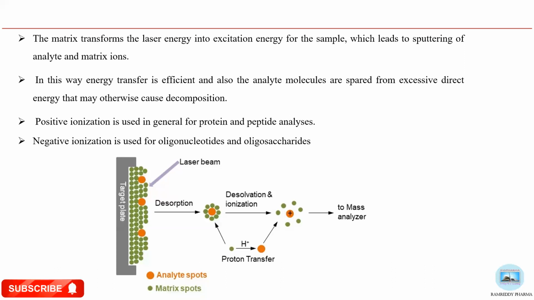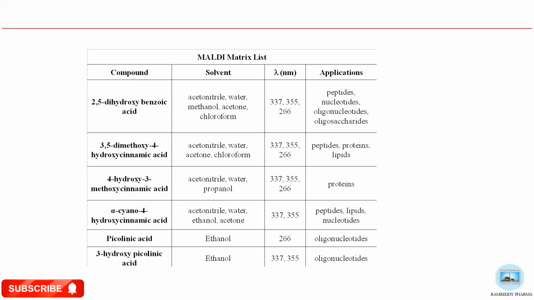In such a way, the molecules are converted to molecular ions, and we avoid the decomposition or fragmentation of your molecule. That's why this technique is called a soft ionization technique. These are the different types of matrix compounds, the solvents we use, the applications, and for which compounds we use which type of polymeric or matrix materials for the ionization.